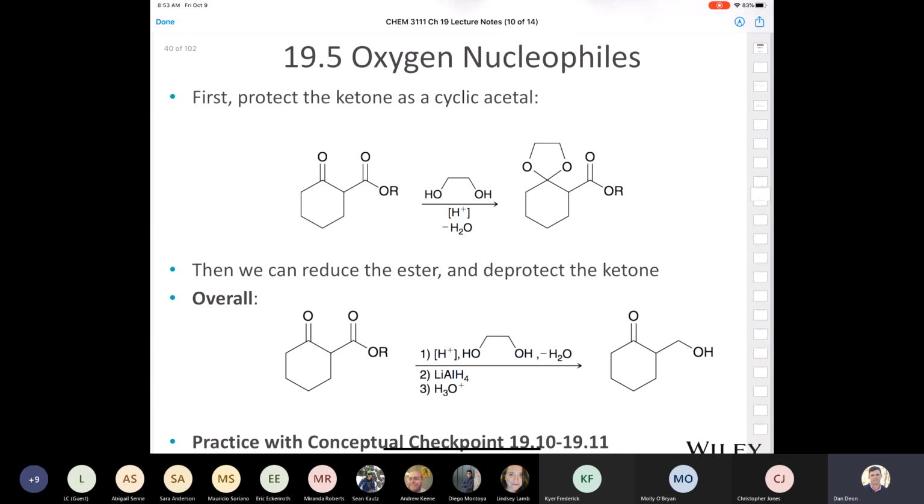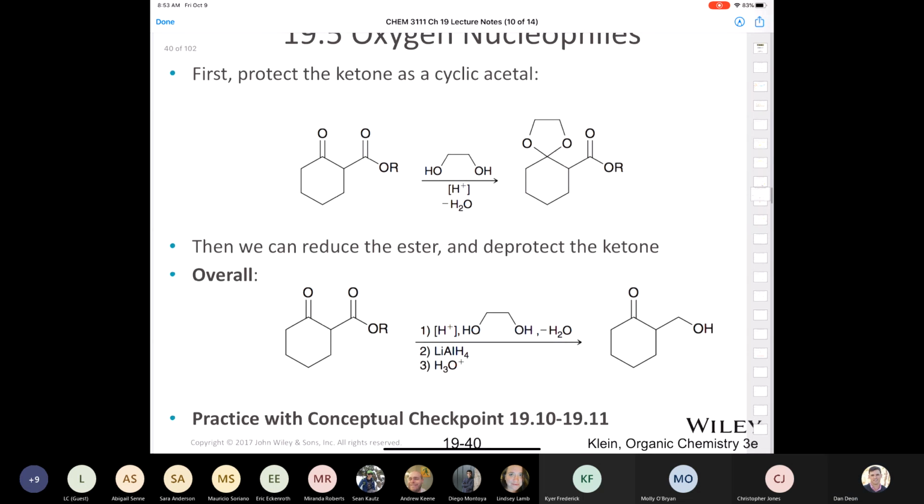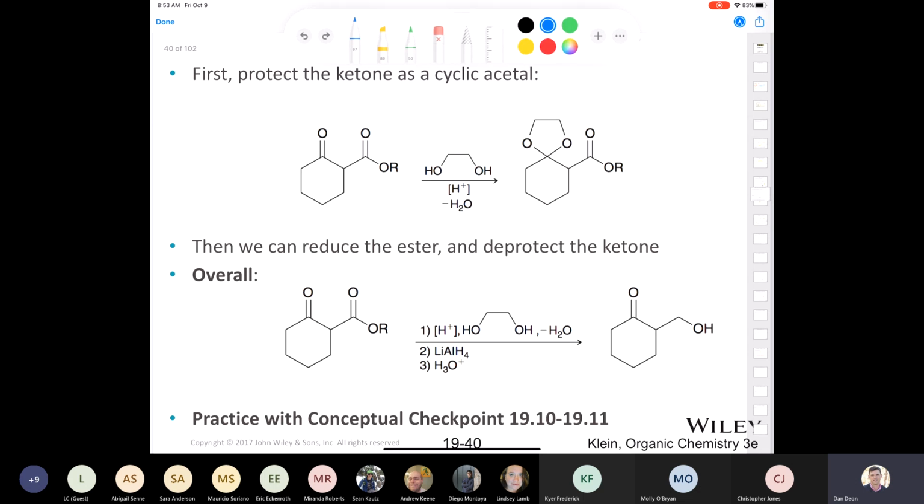First, we protect the ketone as the cyclic acetal by treatment with ethylene glycol, an acid catalyst, and removal of water. There's our cyclic acetal. And then, after we do the reduction using lithium aluminum hydride, which is the same thing as LAH, we treat that with water or acid.